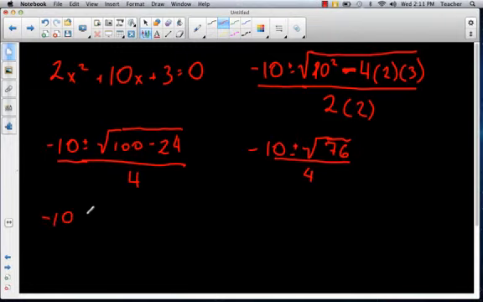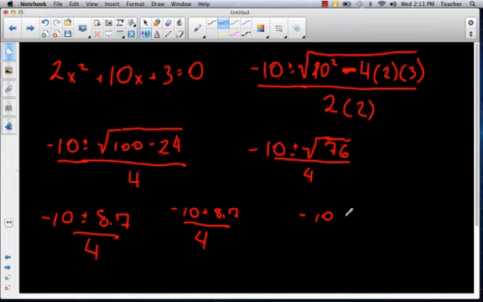Now, negative 10 plus minus 8.7 over 4. So we do the negative 10 plus 8.7 over 4. And we do the negative 10 minus 8.7 over 4. Now, this is going to give us one answer, which negative 10 plus 8.7 equals negative 1.3. So on my calculator, I'm just going to go straight ahead and divide that by 4.